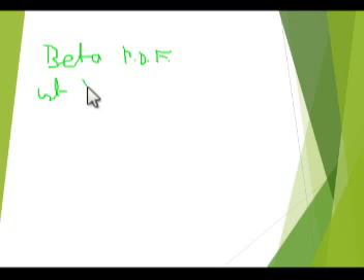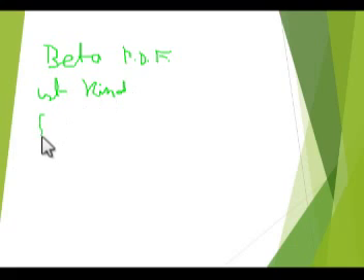And the last one, the beta distribution function, the beta PDF. There are two types, first kind and second kind. I am writing the first kind first.